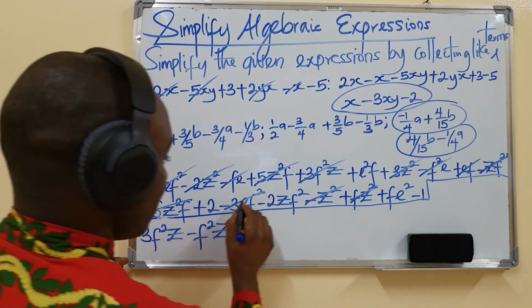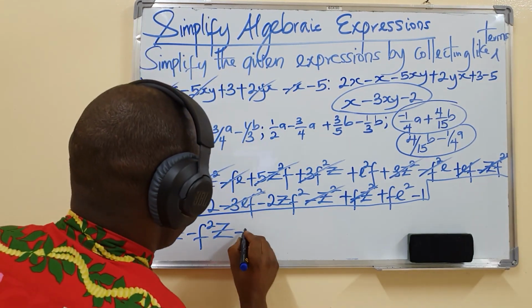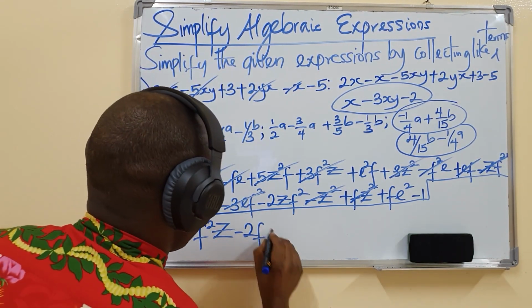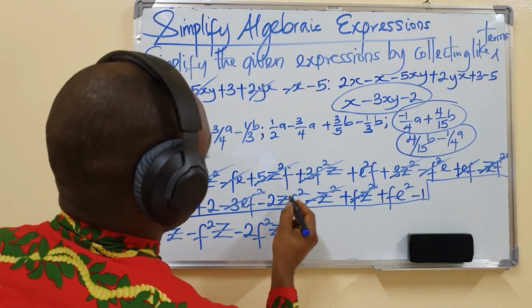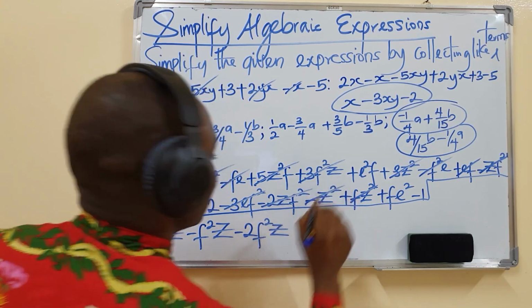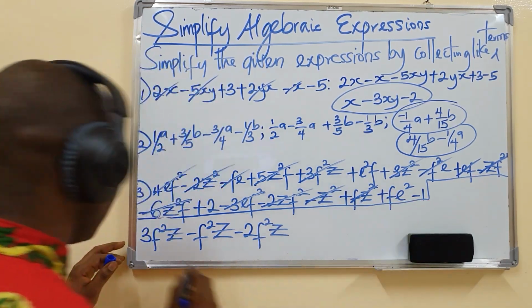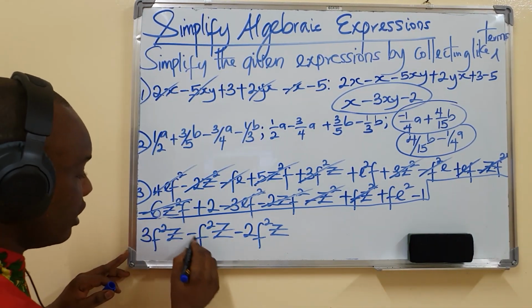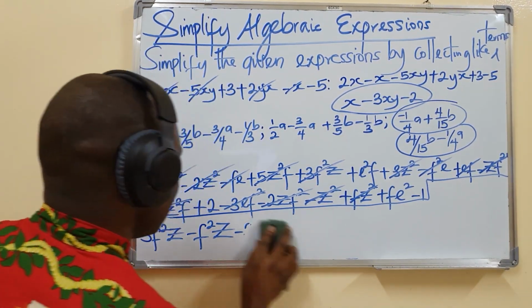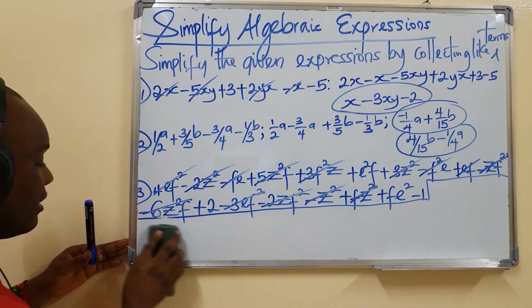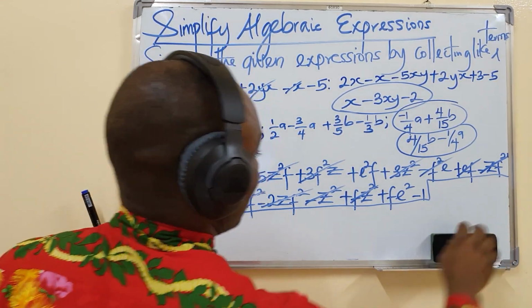We have another one here, minus 2f squared z, or you write 2z f squared. They are the same. You can erase this. f squared z is gone. So let's simplify. 3 minus 1 is 2. 2 minus 2 is 0. It gives us 0 as well. So we can erase this because this term cannot change our expression, our final answer.